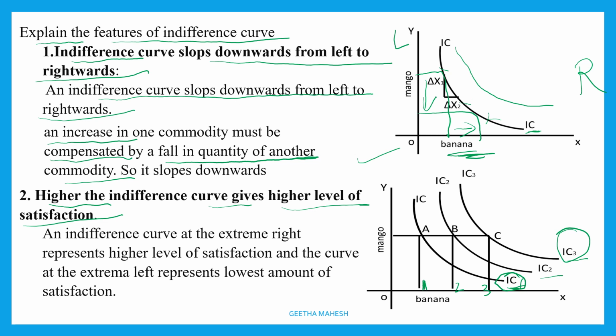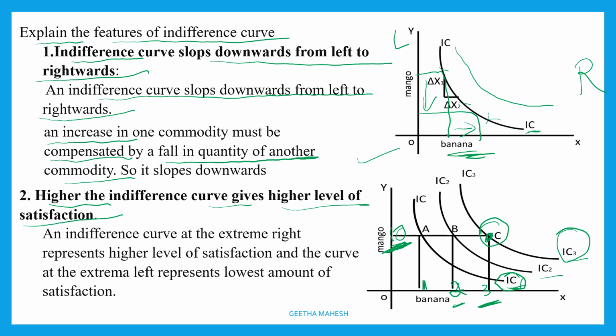At combination C, you will have 10 units of mango and 3 units of banana. Definitely it will give a higher level of satisfaction than having 10 units of mangoes and 2 units of banana.